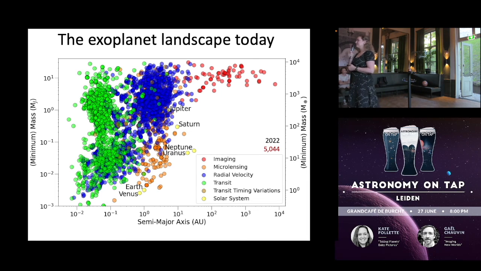Yes? Is there any relation between the type of the planet and the type of the star they are orbiting? Oh, that's a great question. So for those who couldn't hear, is there any relationship between the types of planets that we observe and the type of star they're orbiting? And the answer is yes, but we don't really understand all the systematics very well yet. So every survey is usually targeted toward a particular type of star.